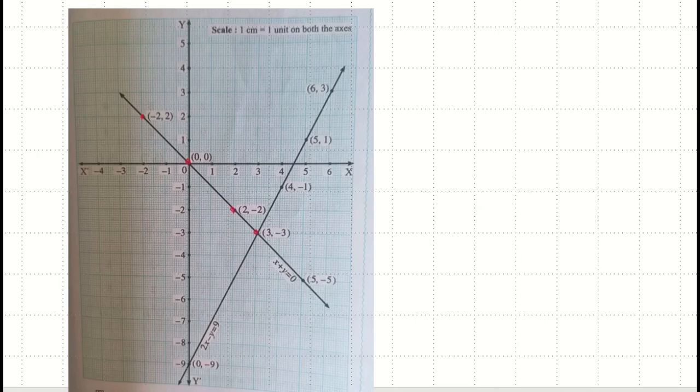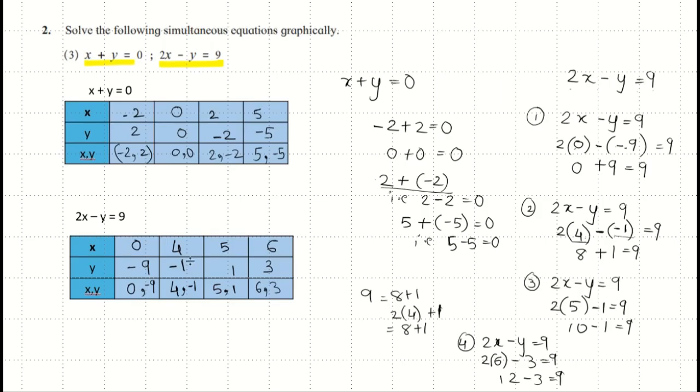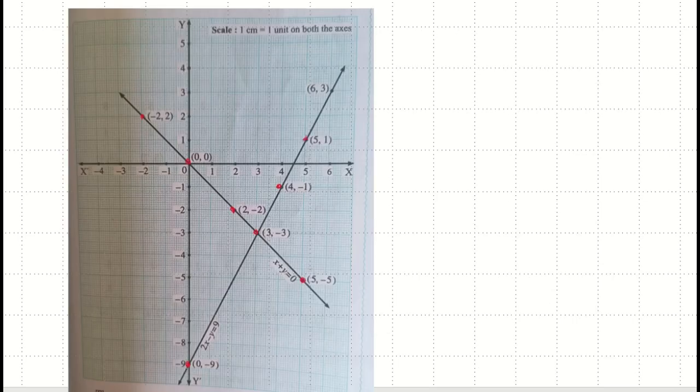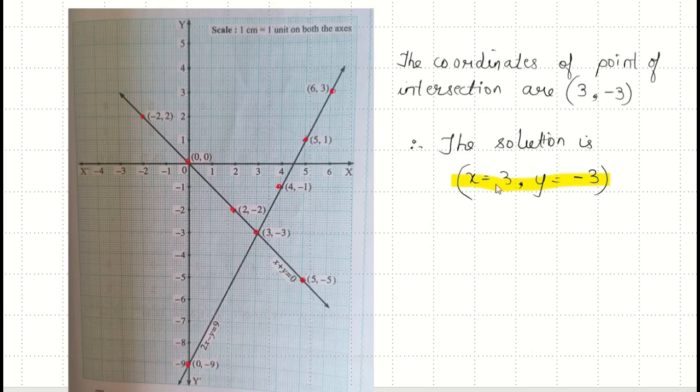Placing the other points from the second equation: 0 comma minus 9, 4 comma minus 1, 5 comma 1, 6 comma 3. Draw lines for both equations. This is for x plus y is equal to 0 and this is for 2x minus y is equal to 9. Here the point of intersection is 3 comma minus 3. So the solution is x is equal to 3 and y is equal to minus 3.